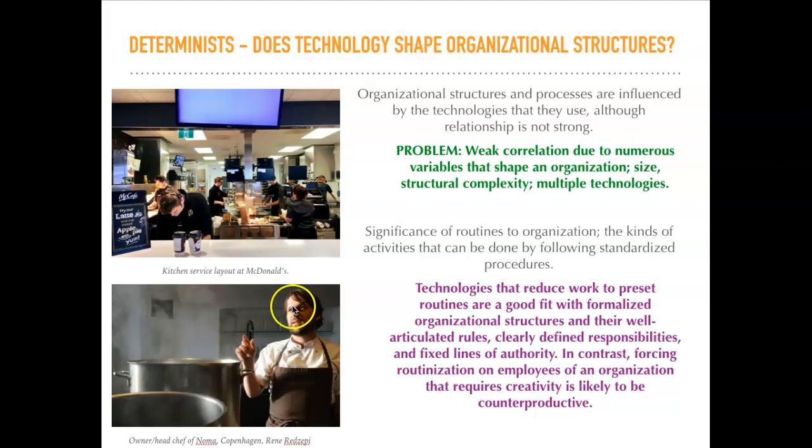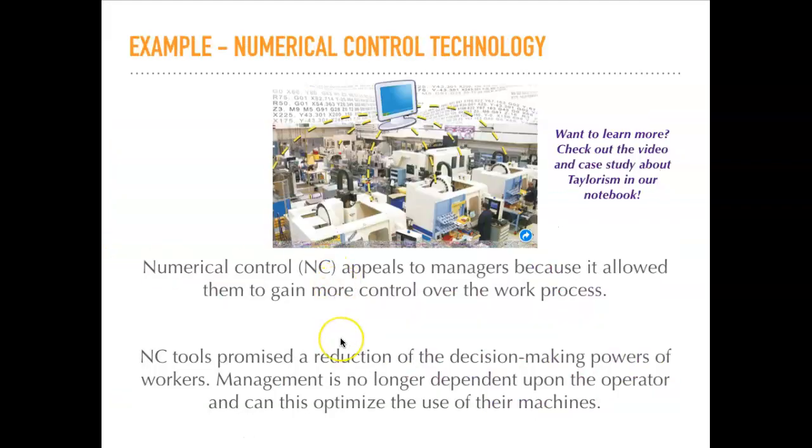So does this help us answer the question of whether or not technology shapes organizational structures? Maybe, a little, in some cases. I do want to draw your attention to a very controversial application of more of the McDonald's routine, structured way of dealing with a workplace.